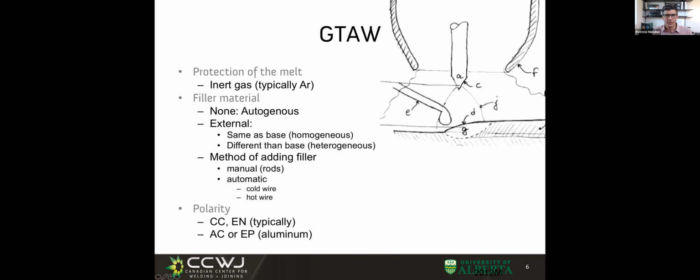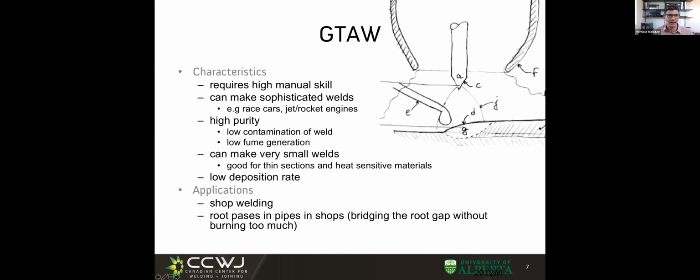Characteristics of TIG: it requires a very high manual skill. I know we have at least 2 TIG welders in this class, and if we were all in the class, they could tell you firsthand how this is not for the faint of heart, because you need to have a really good hand. But this can make very sophisticated welds.